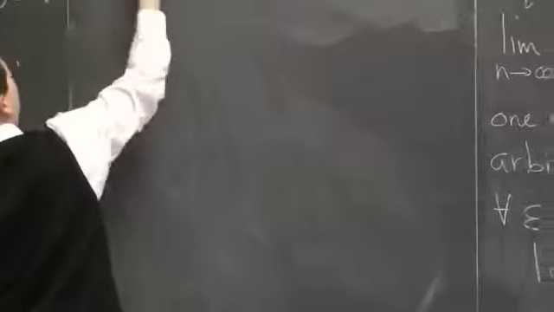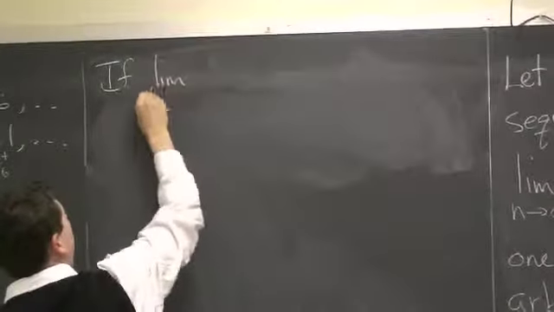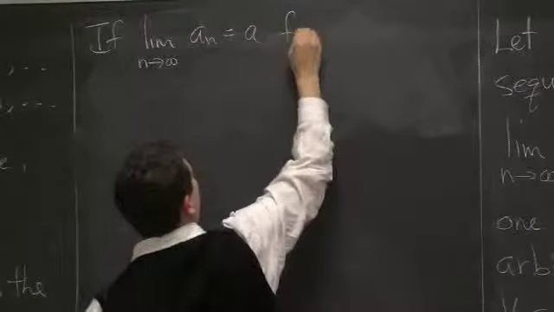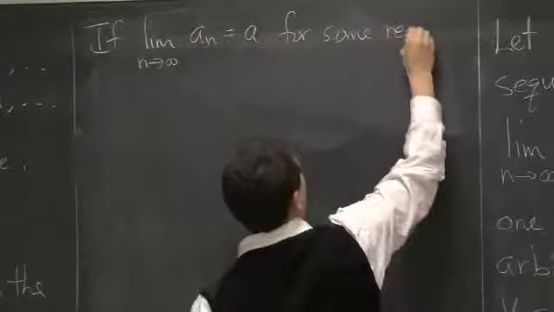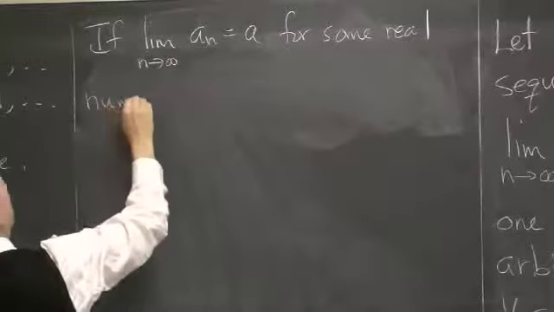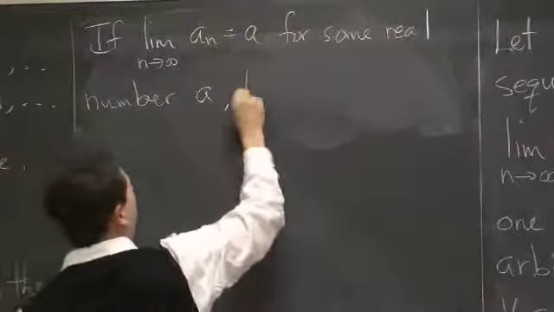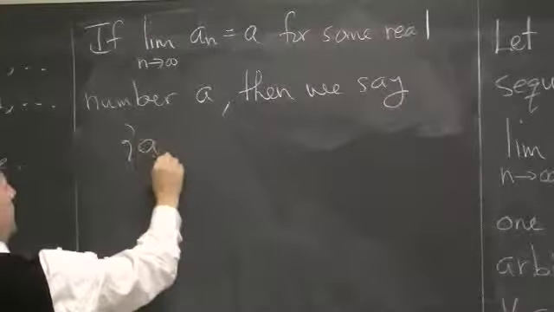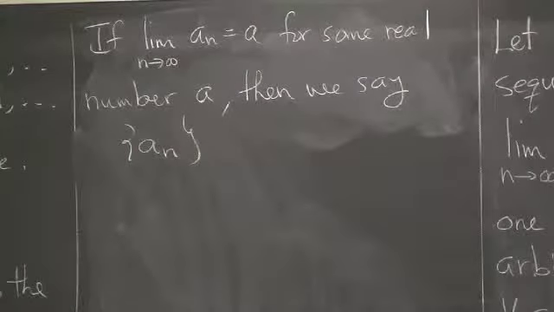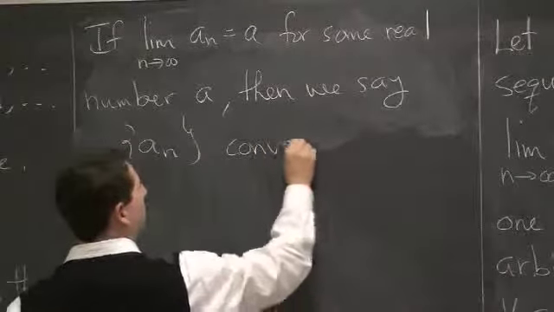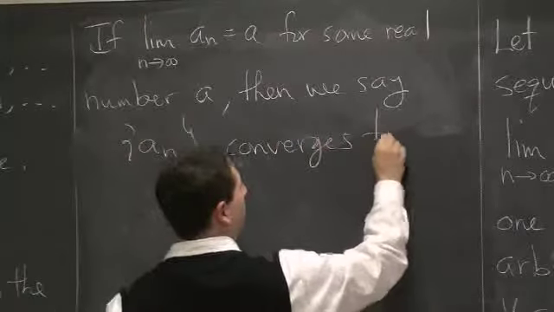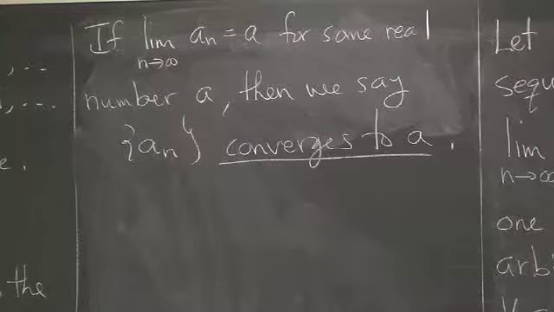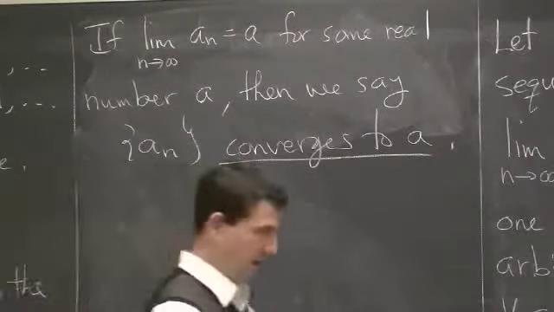So if the limit as n goes to infinity of a_n equals A for some real number A, then we say that the sequence a_n converges to A. And if we don't know what A is, we can just say it converges.